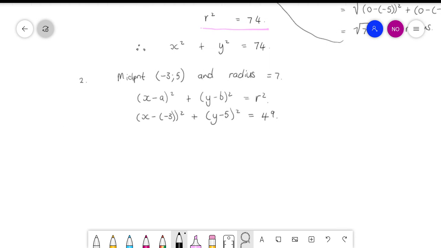Okay, en dan vereenvoudig jy hom net en jy los hom so. Like that. This is the simplest form. Nice?